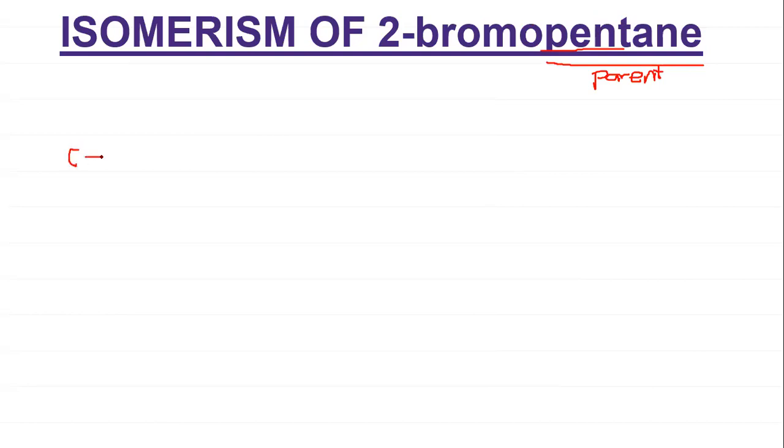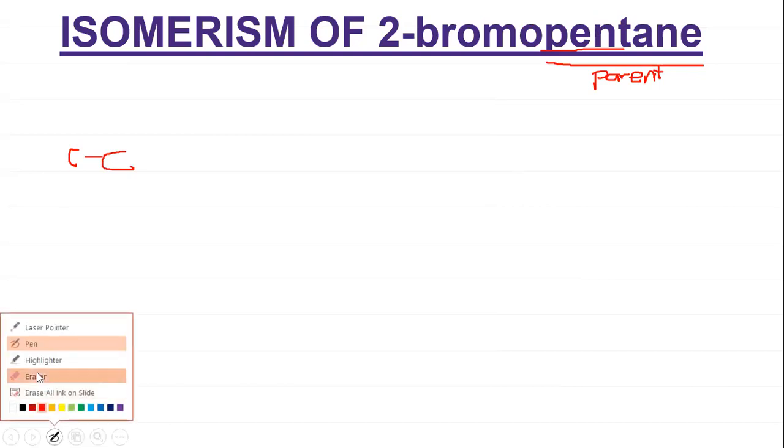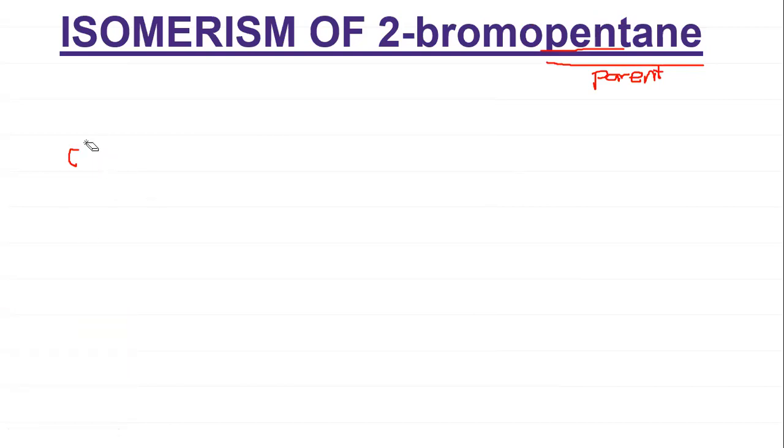It's 1, it's 2. Okay, that's too large. So that will be 1, that will be 2, that will be 3, that will be the 4th carbon, and that will be the 5th carbon.